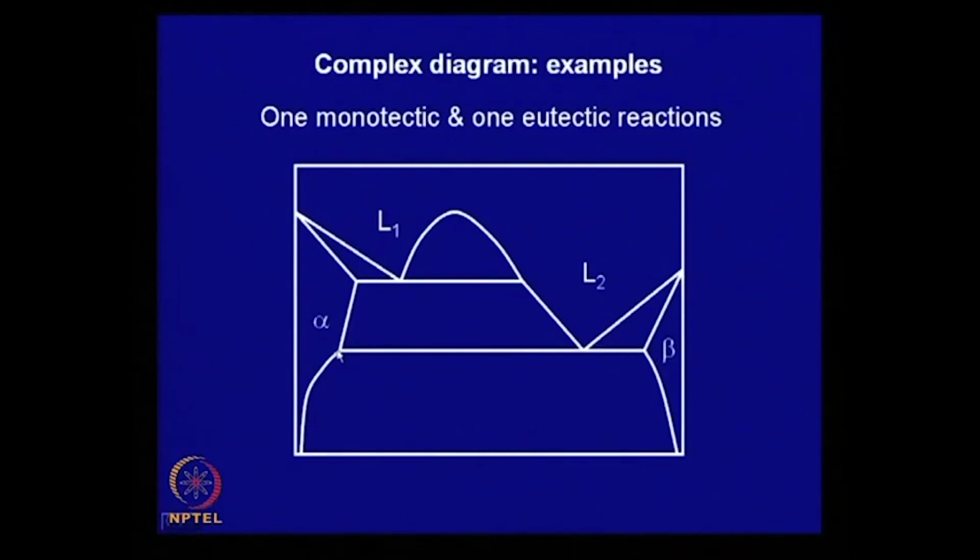Similarly, you can say these are the solvus lines, and these are the regions of two phase region. So, this region is alpha plus beta, this region is alpha plus L2, this is L2 plus beta.